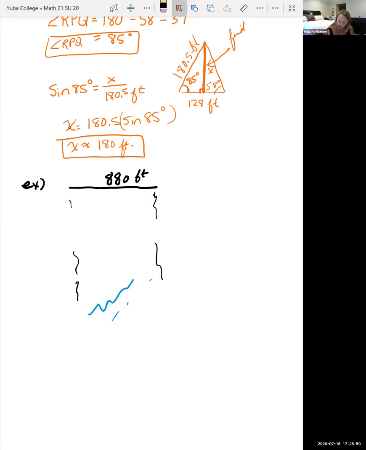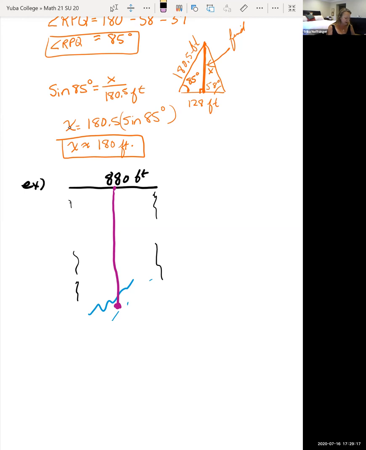And we are looking for the distance, this height.